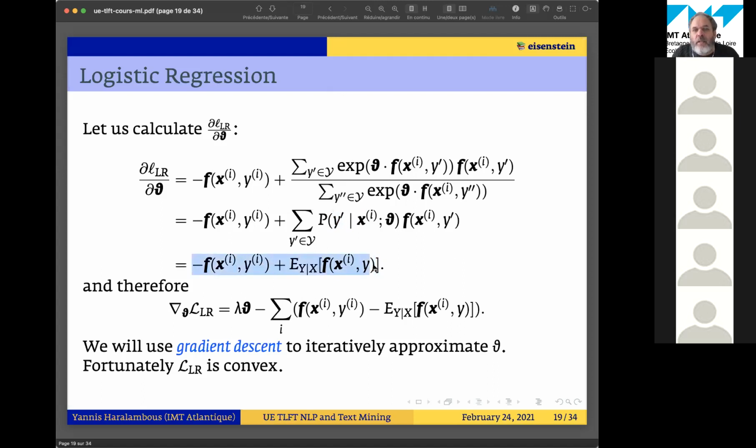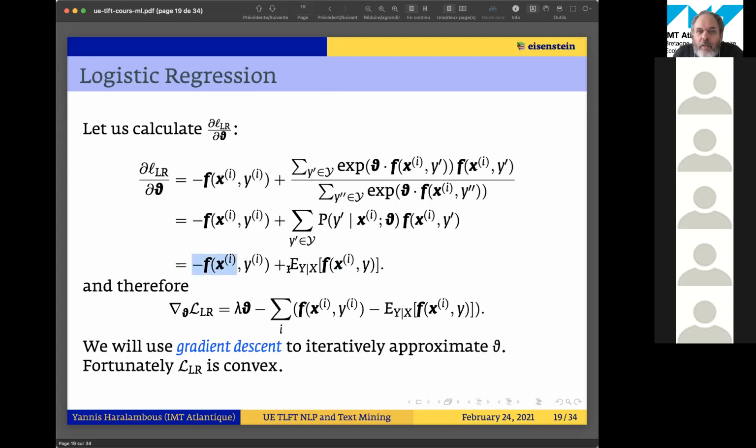So is this an intuitive result? Yes. Here I have the values of my training set. And here I have the expectation of value based on the training set.